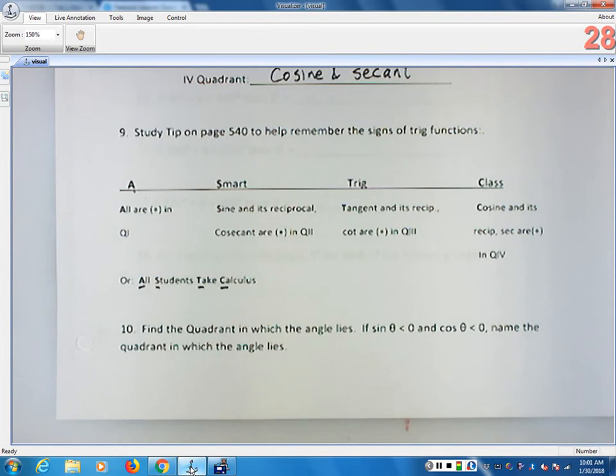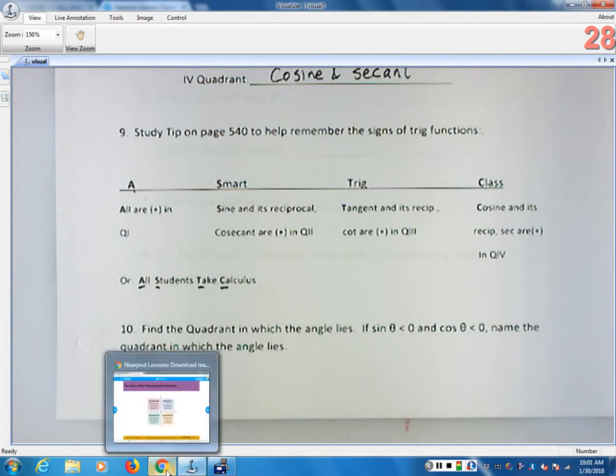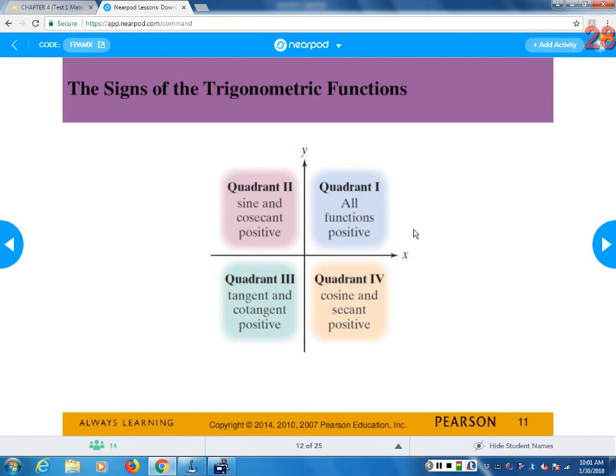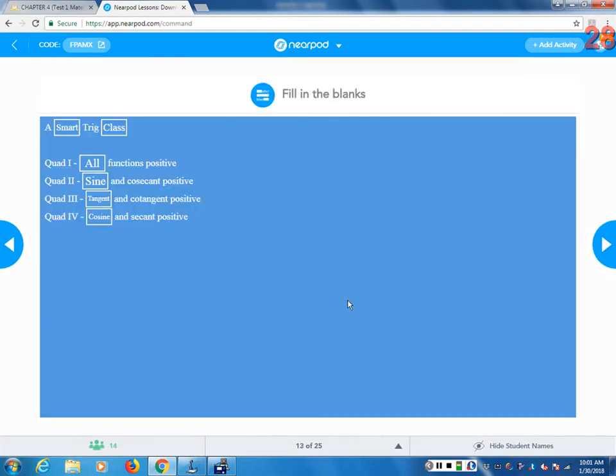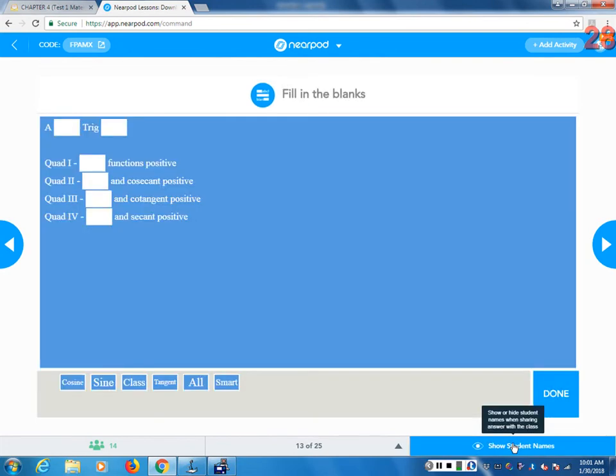Let me show you the slide. So here's the slide: all, or a smart trig class. All functions are positive. You've got to memorize that. You get to do a little fill in the blank if you want to, and then I did add something into this, and it had the answers up there.